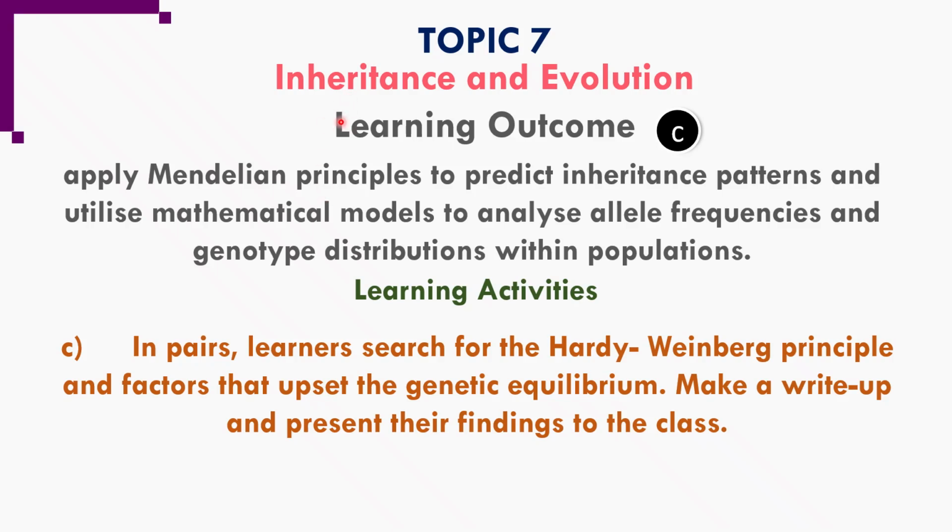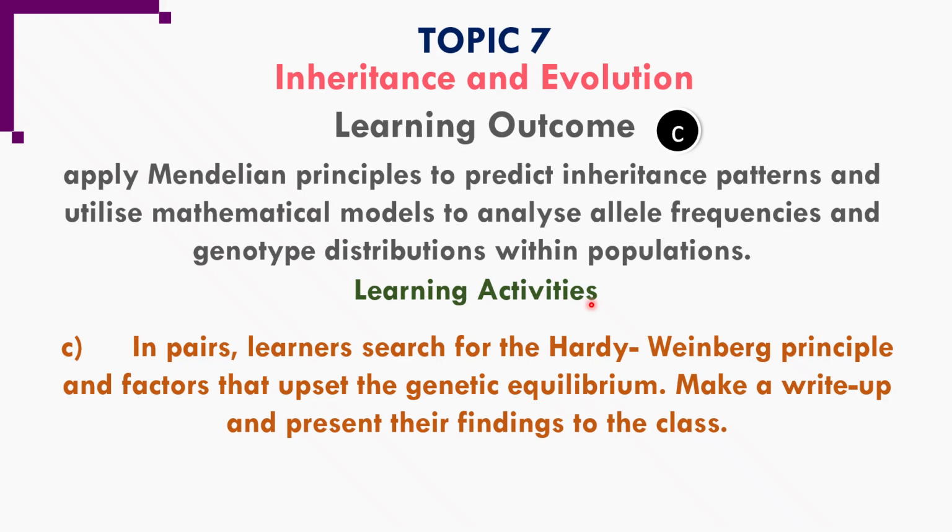I welcome you to Inheritance and Evolution, Learning Outcome C. Apply Mendelian principles to predict inheritance patterns and utilize mathematical models to analyze allele frequency and genotype distribution within populations.